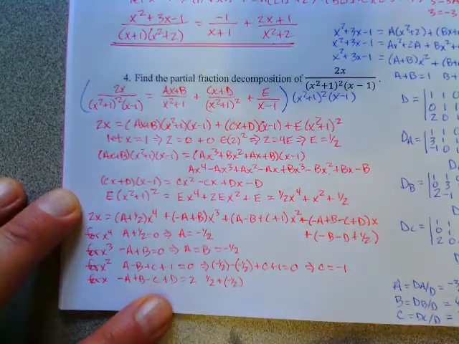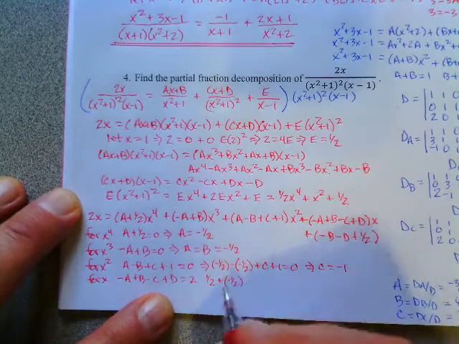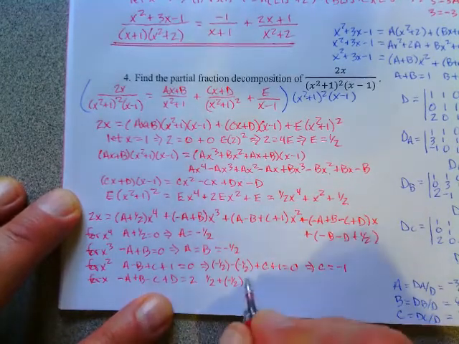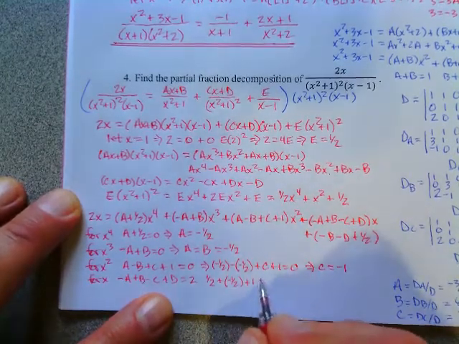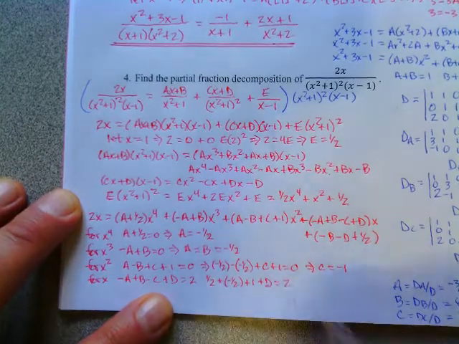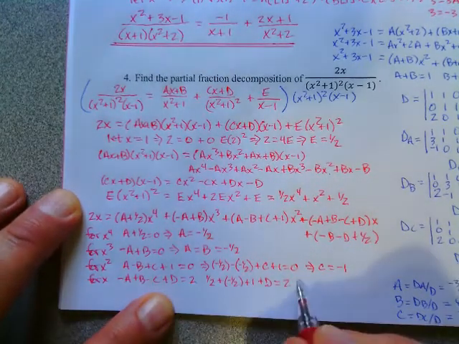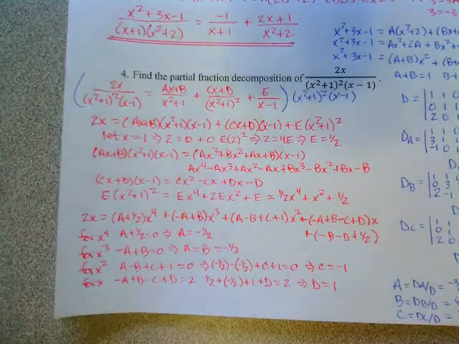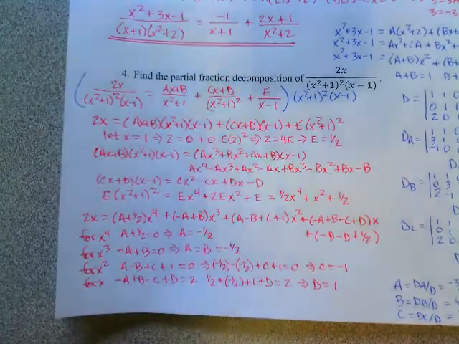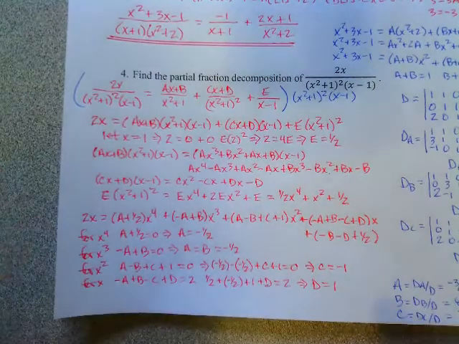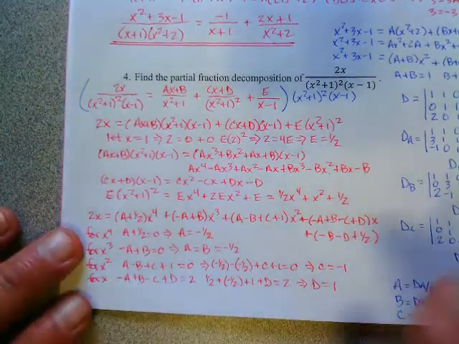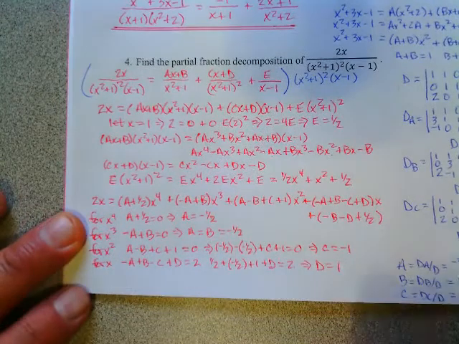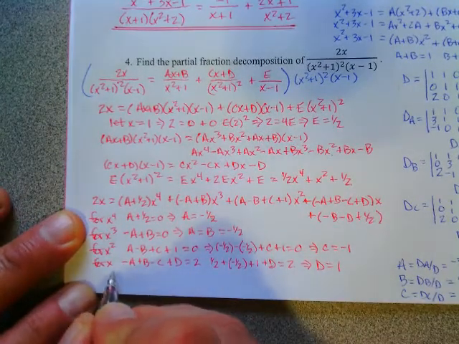So of course those will be gone. C has already been found to be negative 1, so that becomes a plus 1 plus d equals 2. And so that tells me that d equals 1. And of course, we already had e as 1/2.